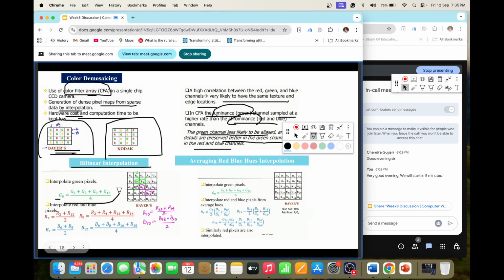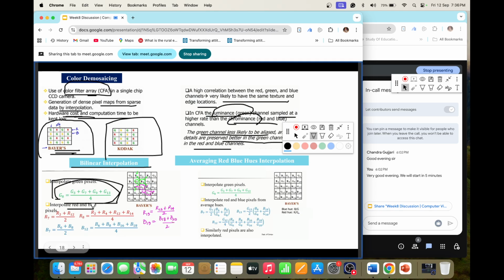By this you can get G8. Why are we calculating G8? Because at this pixel G is not present; due to reducing hardware cost and computation time, we have omitted G8. So to calculate G8 we interpolate the green pixel by this formula.